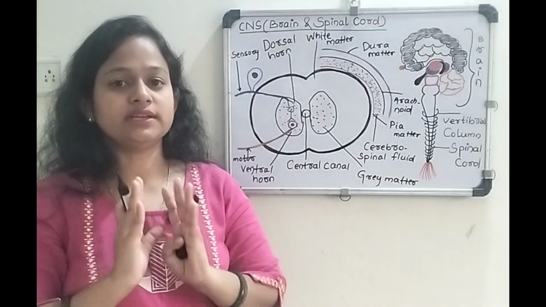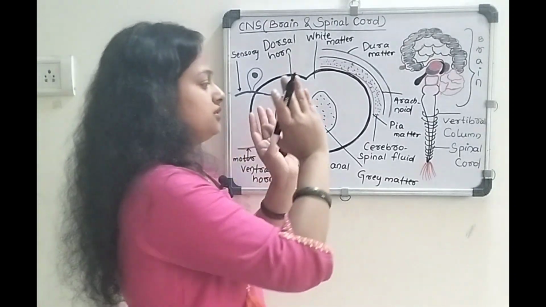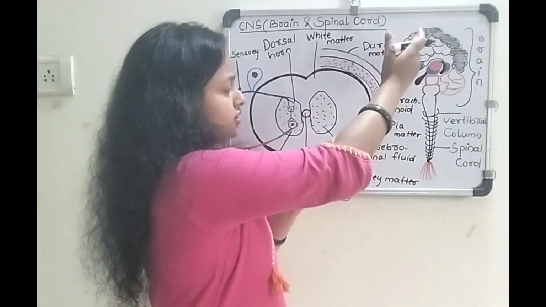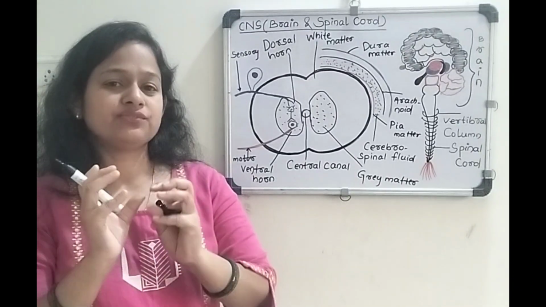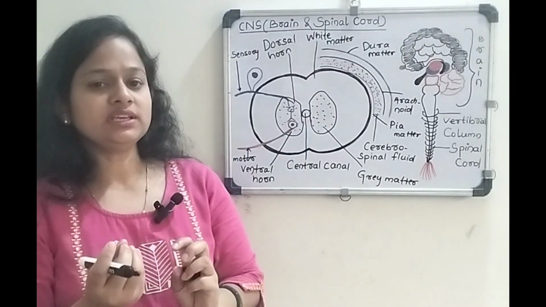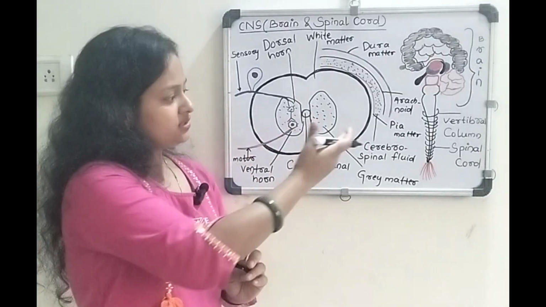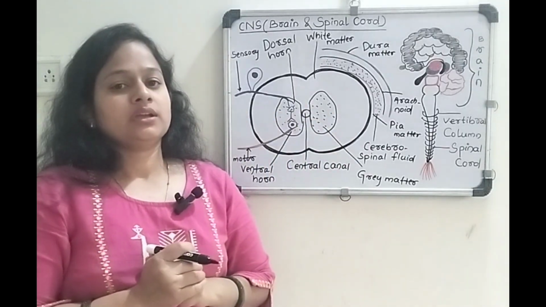So the spinal cord relays the message between the peripheral nervous system and the brain. And some small reflex actions are carried out by the spinal cord alone.